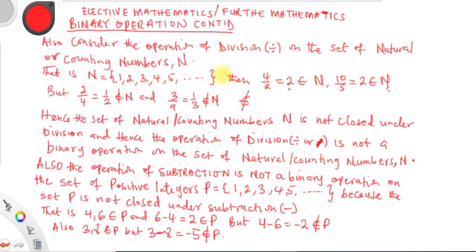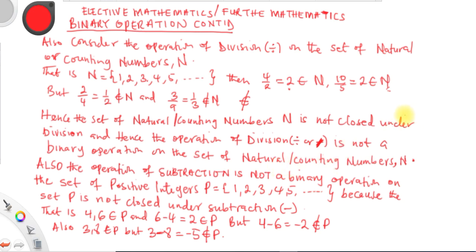Hence, the set of natural or counting numbers N is not closed under division. And if it is not closed under the division operation, then the operation of division is not a binary operation on the set of natural or counting numbers.